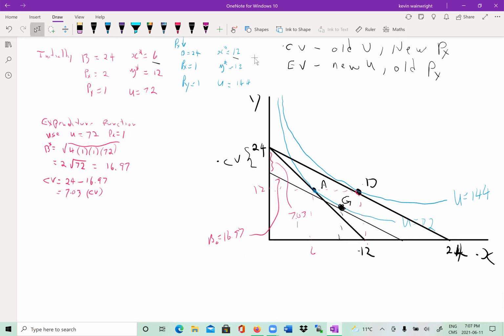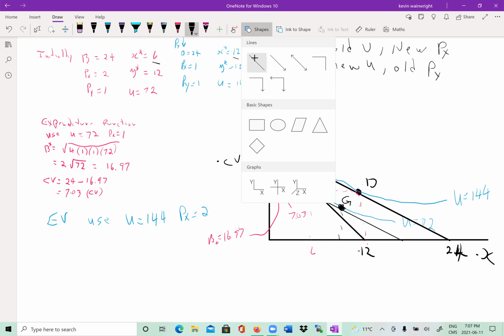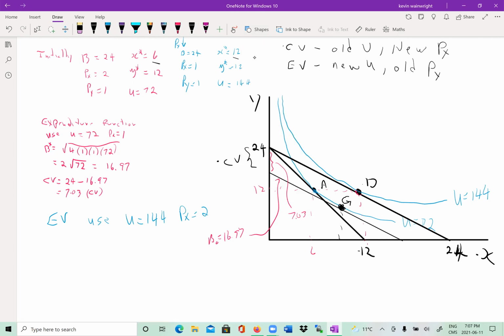So for EV, use a utility equal to 144 and a price of X equal to 2. So I need to find a budget line that has the price of X equal to 2, which is the slope of the steeper budget line.